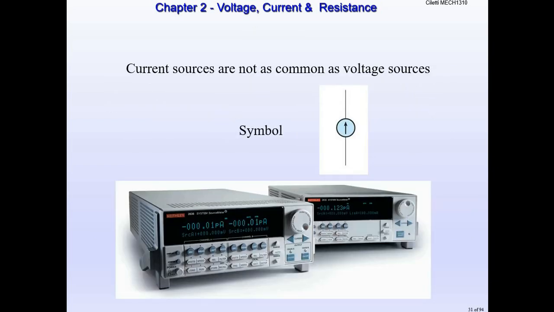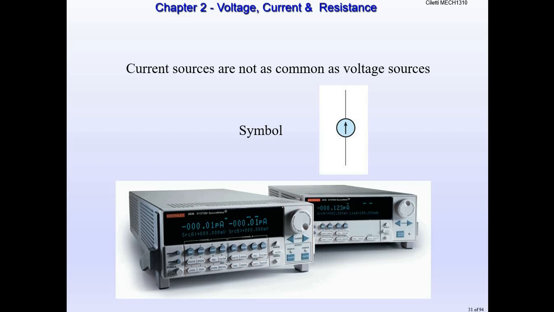Current source. This is a symbol that you need to write down. These are not as common, but we can interject a current into a circuit somewhere. I don't have one of these in my lab, and I really don't know many people that do. Maybe at the university level, where you have to do a bunch of experiments. Even in industry, it's not as common to interject a current source.